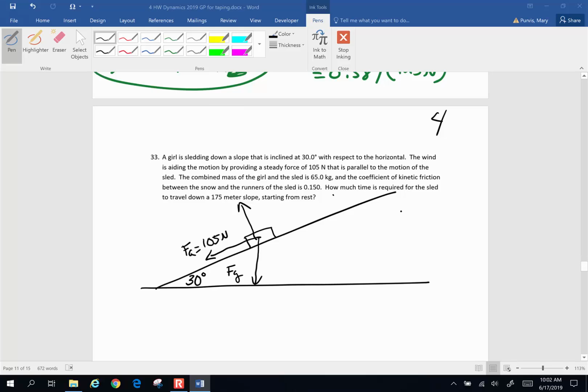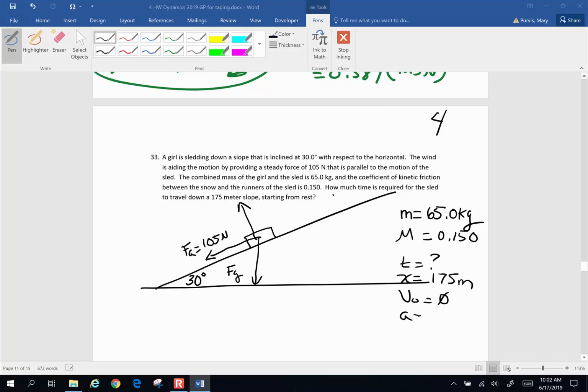The mass of the situation is 65.0 kilograms. The coefficient of friction is 0.150. And we want to know, long term, we want to know time is required if the displacement is 175 meters. And the original velocity is 0.